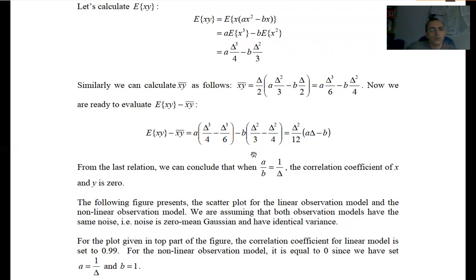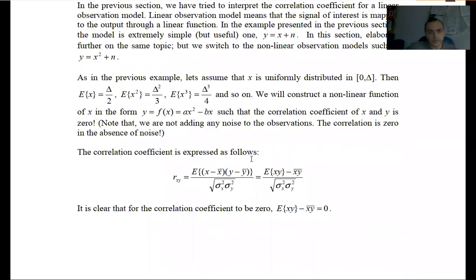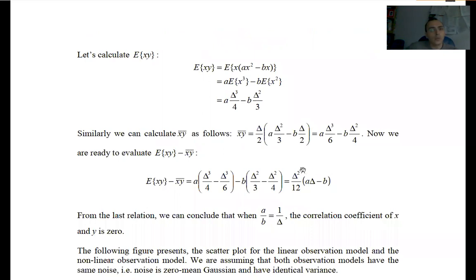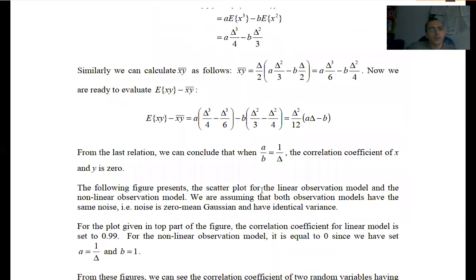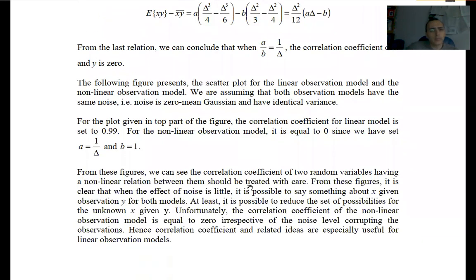Okay, this is a little bit surprising, you may say, because x and y are deterministically related. Given x, y is perfectly predictable, but not in a linear sense, I guess, because their covariance is equal to 0. So let me emphasize this.